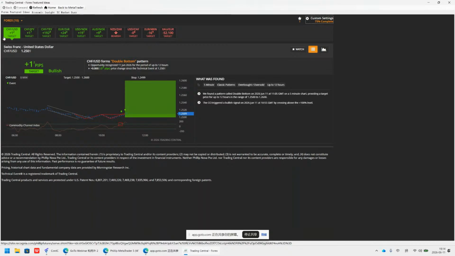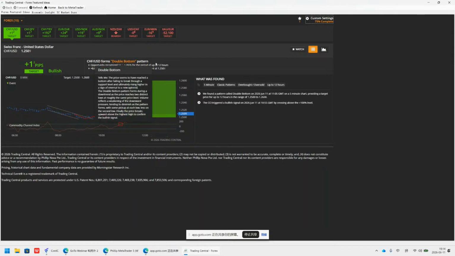If we take this Swiss franc, US dollar as an example, if we hold this instrument for up to 12 hours, at GMT 5 past 11, that is when the price is 1.2508, our algorithm recognizes the double bottom pattern.